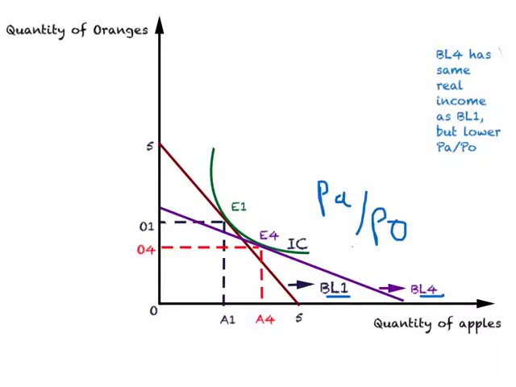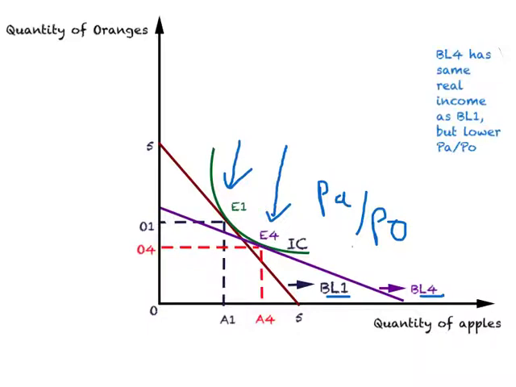So let us compare the equilibrium outcome under BL1, which is E1, with E4, which is the consumer equilibrium when we have budget line 4.